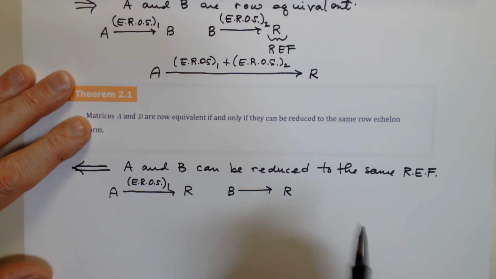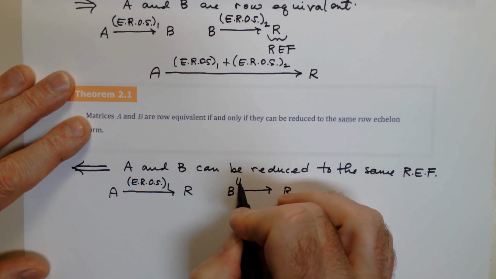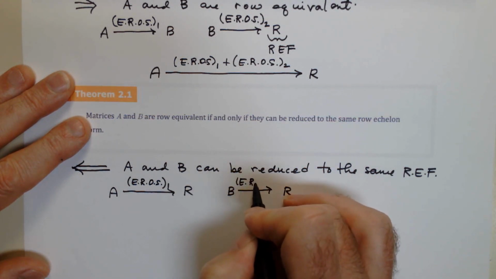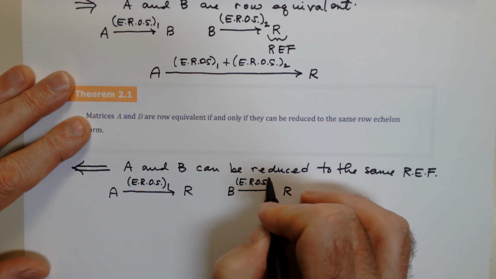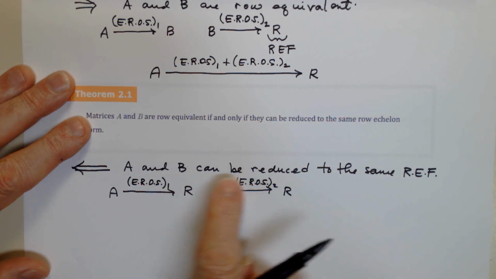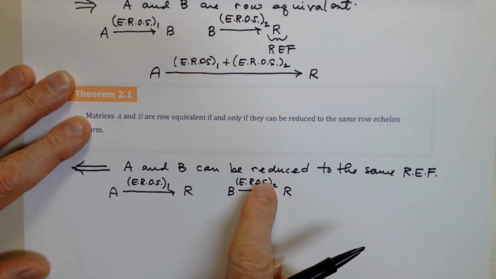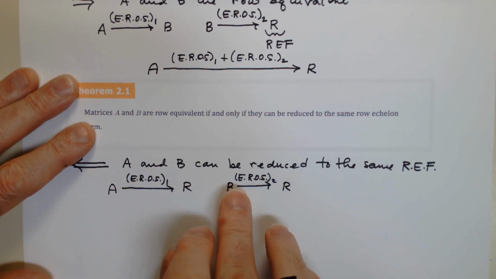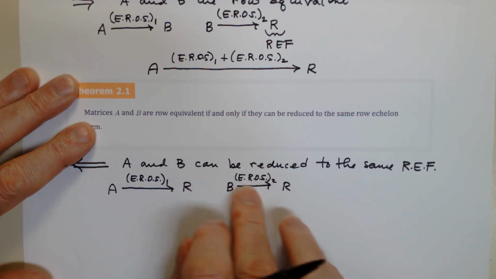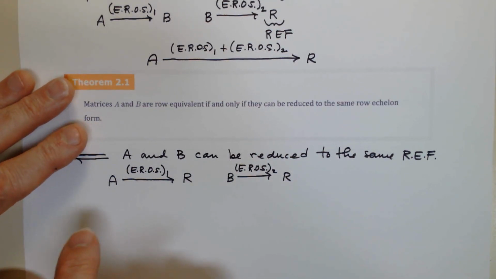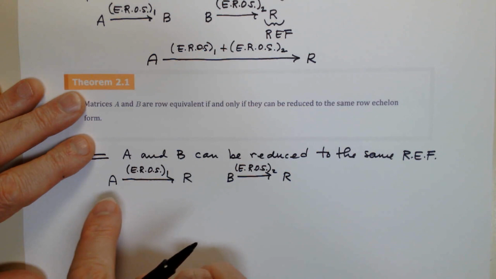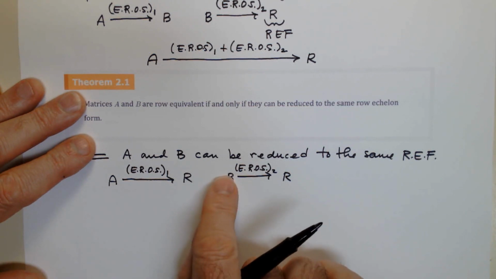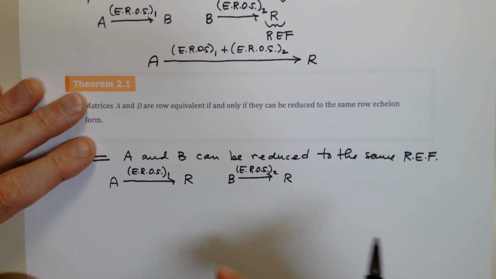I can take it to the same row echelon form by a sequence of elementary row operations, a possibly different set of row operations. So I'll call this one subscript 2. So I can take A to R through this recipe, and I can take B to R through this recipe. Now I have to find some way of chaining A to B through some sequence, through some recipes.